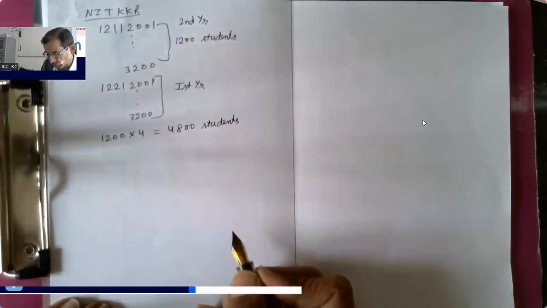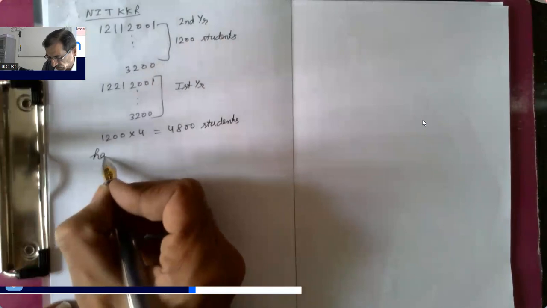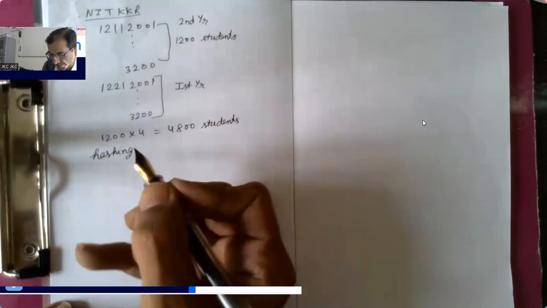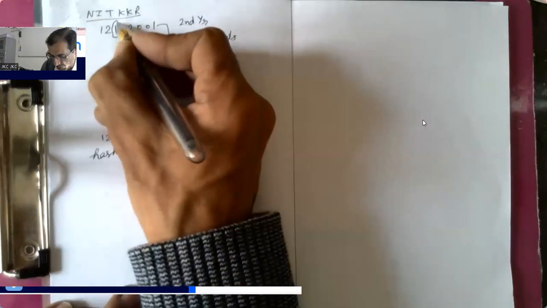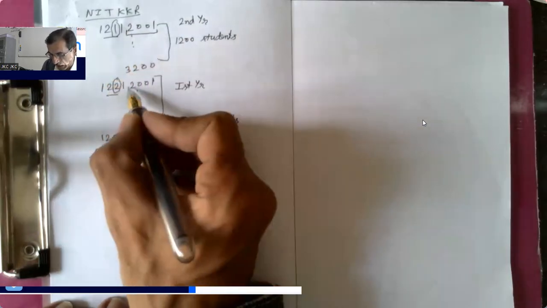And according to that, I can think of making some hashing such that the corresponding digits tell the corresponding batch of admission. You are 21 admitted, 22 admitted, 20 admitted is third year, and 19 admitted is final year. And the last four digits. So primarily these are playing a role.